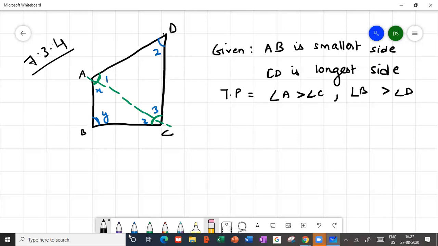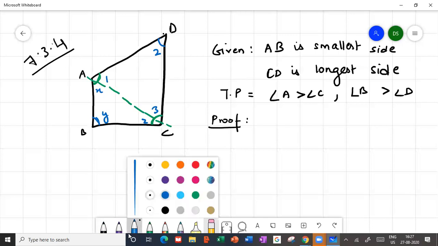Again, like I said, whenever you see this greater than, less than sign, which property are we going to use? Ma'am, sum of two sides is bigger than the third side. Correct.